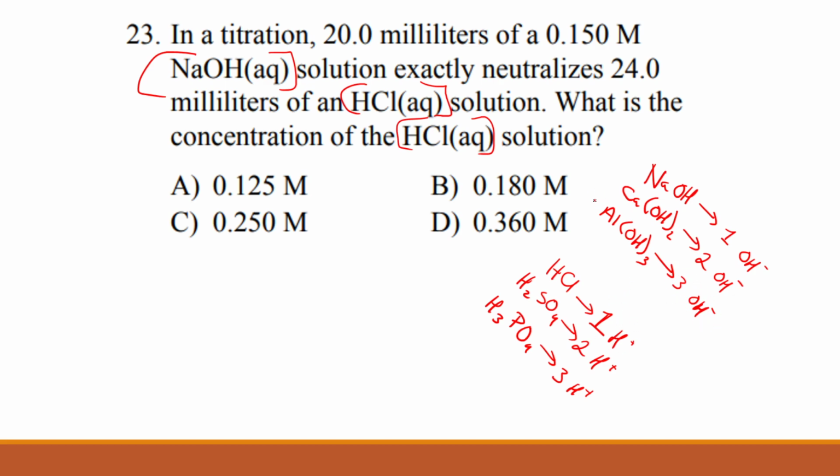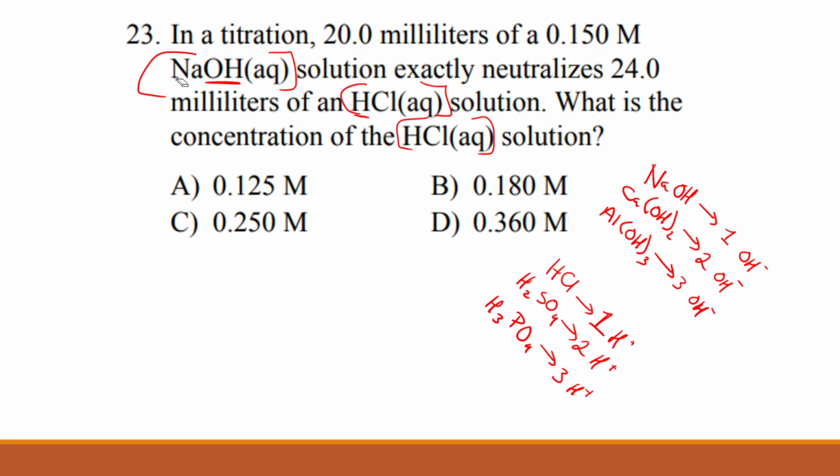So if you have one aluminum hydroxide, you're going to need 3 HCl's to cancel those out. If you have 2 calcium hydroxides, that's 4 OHs, you're going to need 1 1/3 H3PO4s to cancel that out. So it will affect the math a little bit. Here, the identity matters only in the fact that we can confirm that it's 1 OH and 1 H. We don't need to do any adjustments.